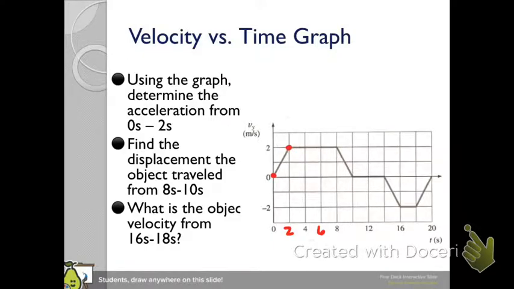So I would go 2 minus 0 over 2 minus 0, and I get 1 meter per second squared. Yeah? That makes sense? This one's tricky because you don't see it. This side's labeled by 1s and this side's labeled by 2s. That makes it a little bit tougher. Okay?